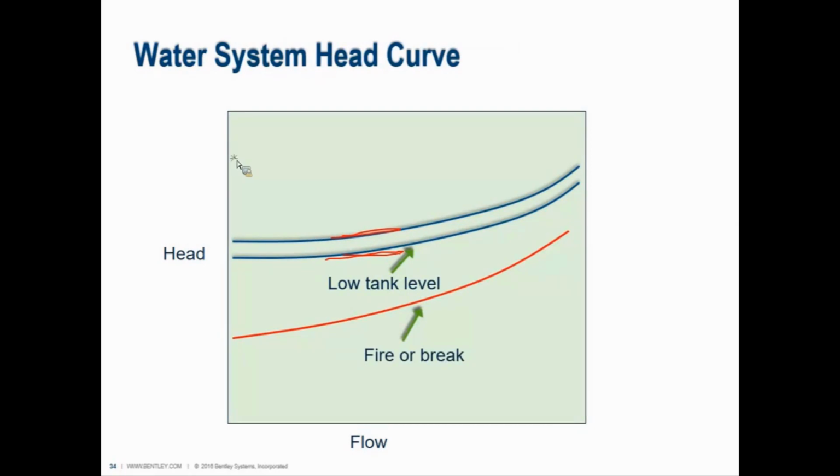When you're sizing a pump and you have your pump curve, are you modeling it to satisfy the high water level, the low water level, or maybe you're just curious to see what happens if there's a fire and what the new system curve looks like and how much flow we'll be delivering, because whenever there's a fire or a break, a lot more water can go out of the system, pressure decreases, therefore the pump can deliver more.